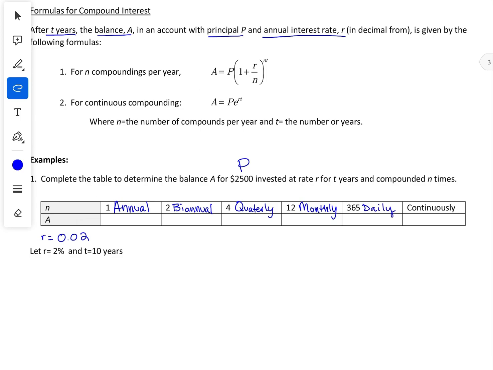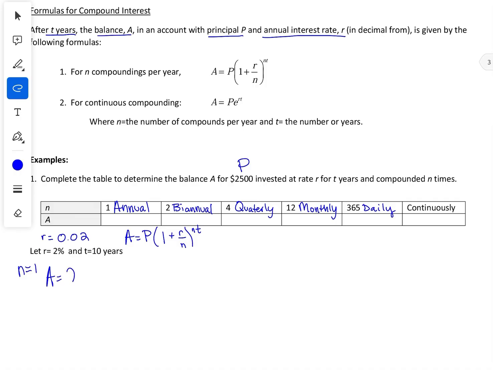And then we have the continuously. So let's look at when N equals 1. For 1 through 365, we are going to use the first formula: A equals P, parentheses, 1 plus R over N, raised to the N times T.